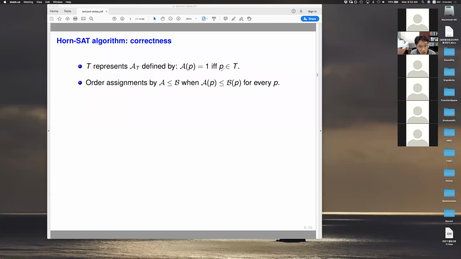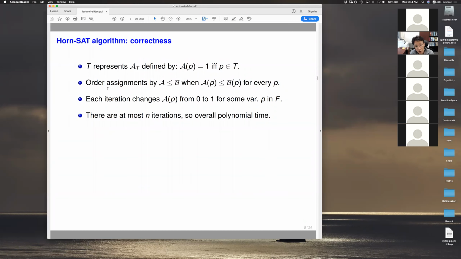If P is not in T, our assignment is going to map P to 0. So T is some encoding of an assignment. And we talk about this order between assignments, which you can say is a pointwise order, defined as you see on the screen.